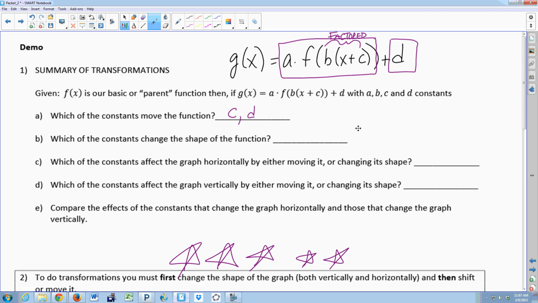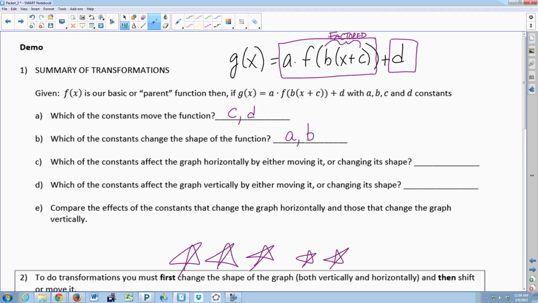A, because it's multiplying the output. It's multiplying your Y values. Definitely A. And someone other than Amber for the other one: B. Yep, Dean, that's correct.